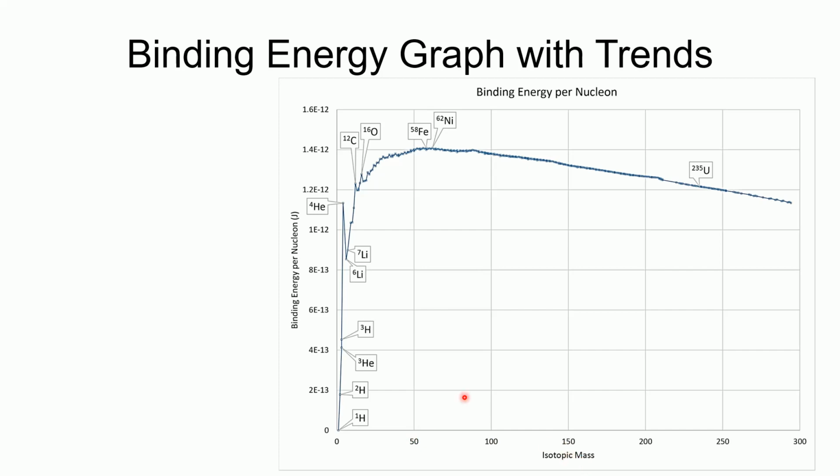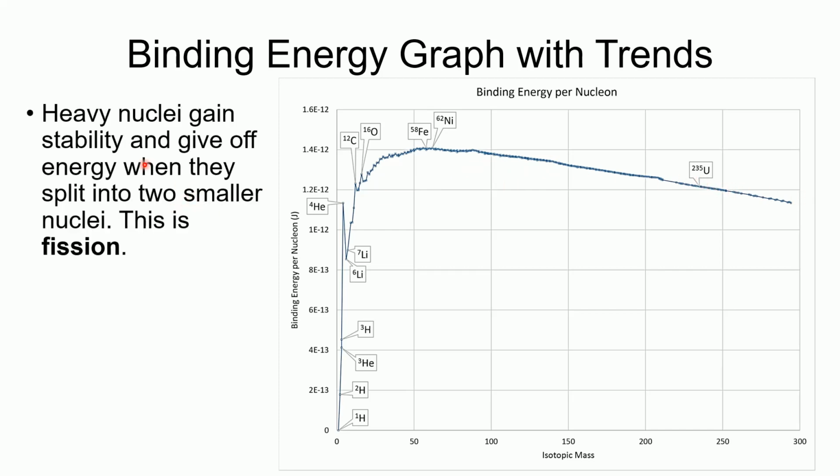Now, sorry the sizes are so small here, but here's our binding energy per nucleon, and we've got hydrogen, deuterium, helium, there's hydrogen 3. Every single one is represented, and I've labeled just a couple of the important ones. Heavier nuclei like uranium will tend to undergo fission. It breaks apart into smaller nuclei, and by going up here in binding energy, that means it's going to be more stable.